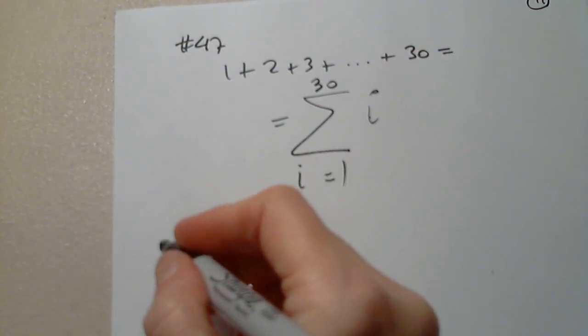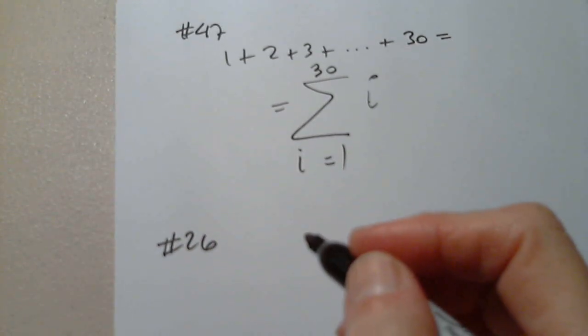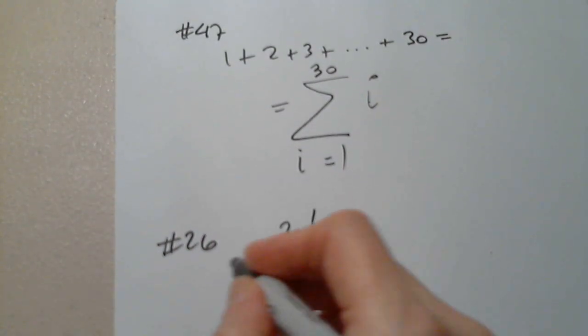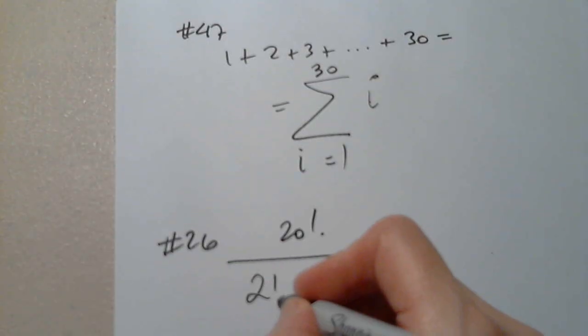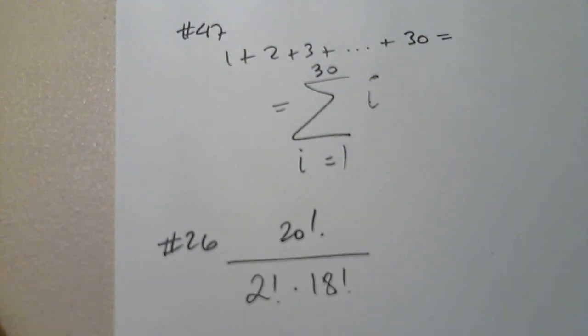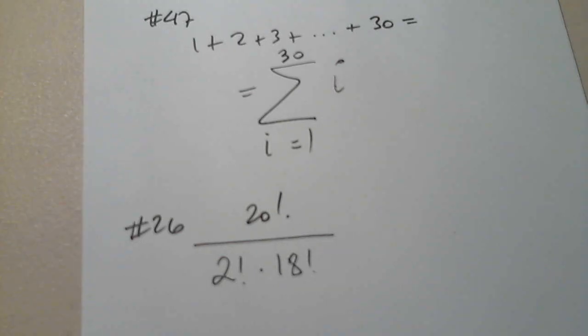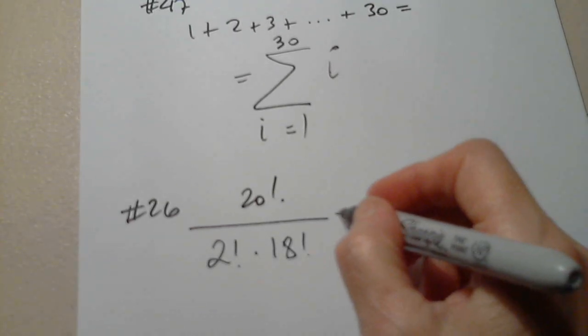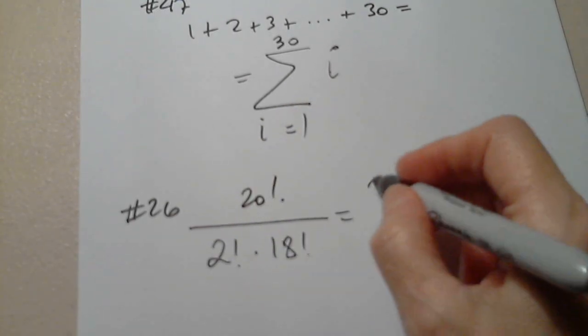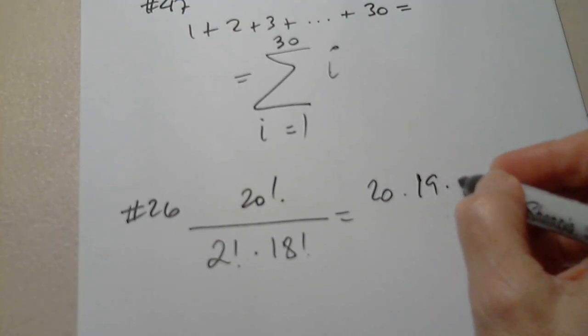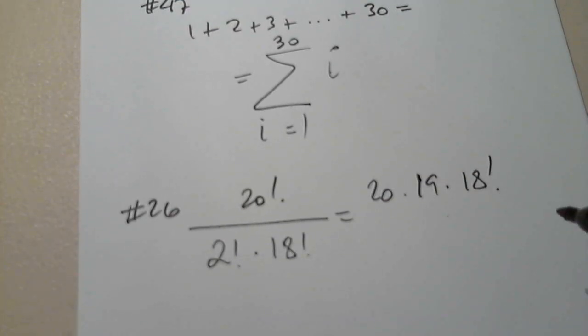26. Okay, very good. In 26, we have 20 factorial over 2 factorial times 18 factorial. So always try to simplify, because the calculator may not have enough space or memory to calculate. This is an easy problem because I have 20, 19, and 18 factorial.